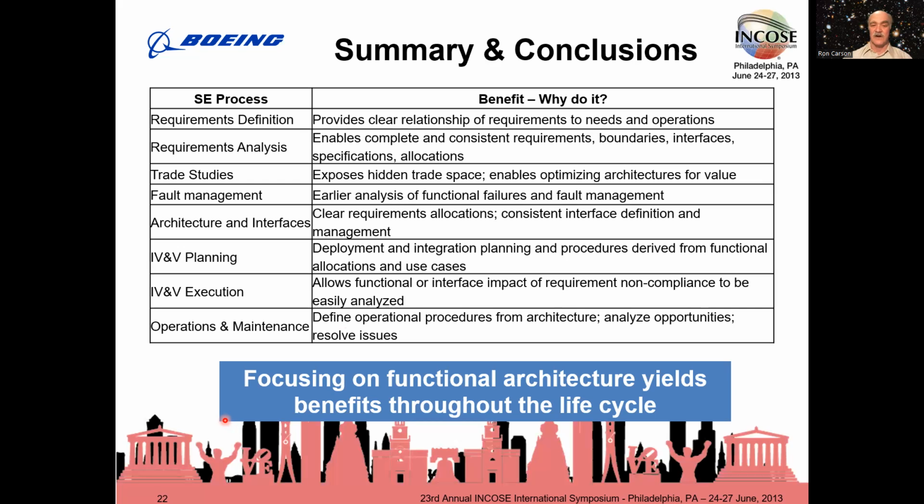We can use it in our architecting to have clear requirements allocations and consistency of the interface definition management. And we can use it in integration, verification, and validation planning to develop procedures and perform revisions when we have differences in execution of procuring elements of the system versus our planning, making sure that we have all the interfaces identified and simulated and available as needed.